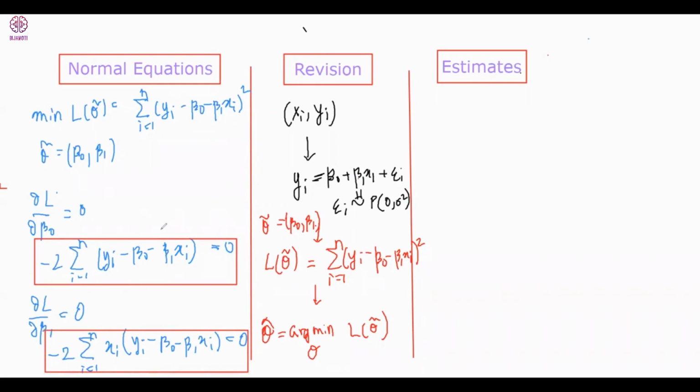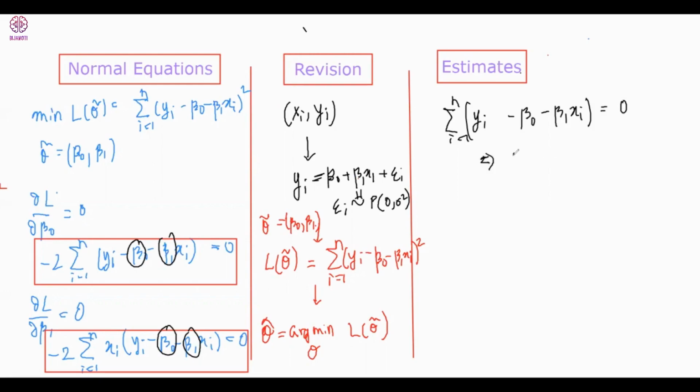Very good. Now, based on these two equations, we need to estimate beta naught and beta 1. The xi and yi are given data, so they are constants, and we have two linear equations. The first is the summation from 1 to n of yi minus beta naught minus beta 1 xi equal to 0.